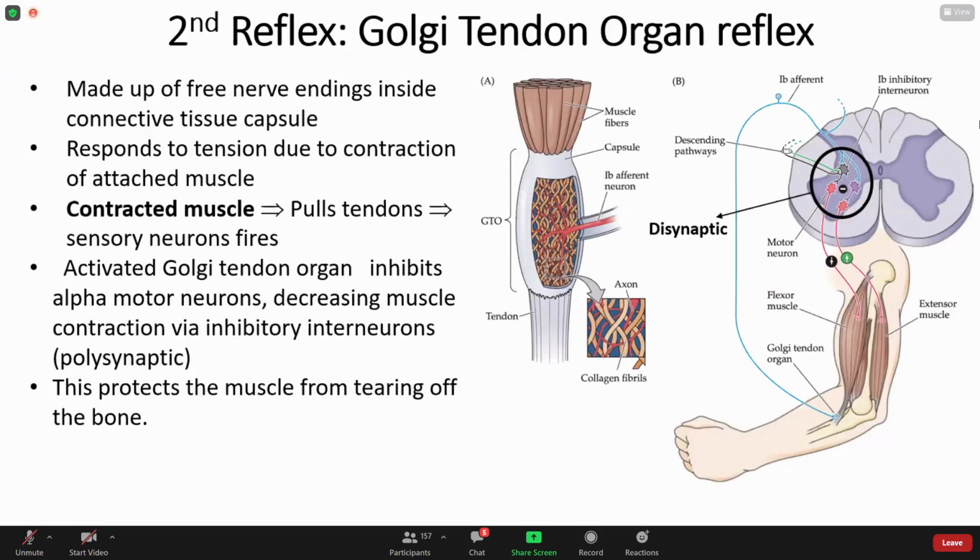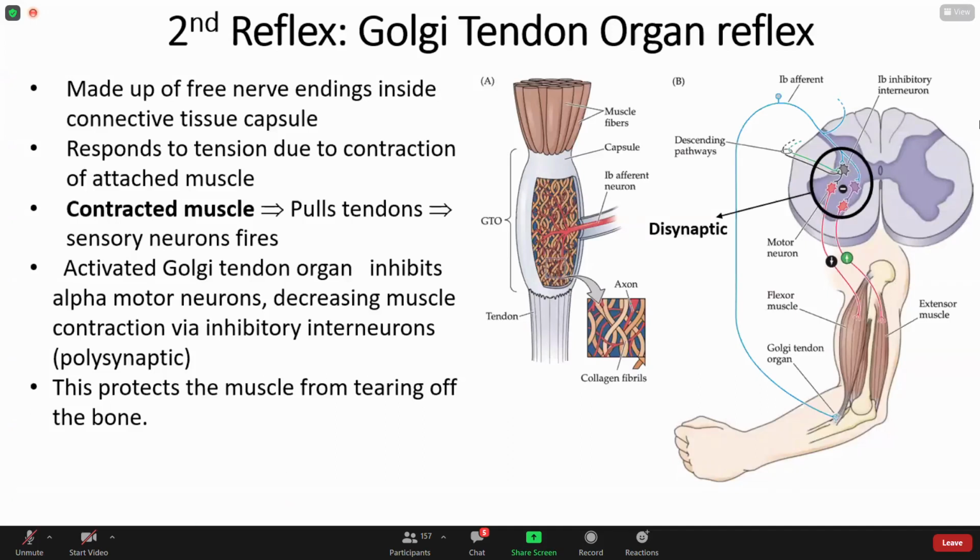Unlike the muscle spindles, which are most sensitive to which type of stimulus, you guys? The stretch of the muscle. The Golgi tendon organs are most responsive to tension, the force of the objects.